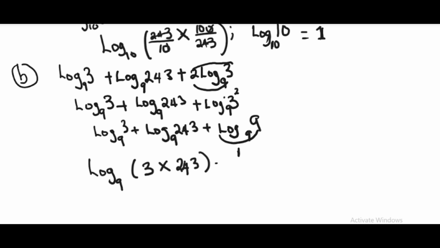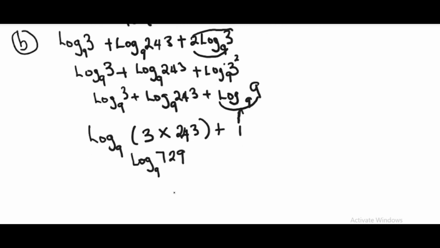Okay, so 3 times 3 will give us 9. 3 times 4 will give us 12, 2 carry 1. 3 times 2, 6 plus 1, 7. So we'll have the log of 729 in base 9 plus 1. Let's not forget our 1.